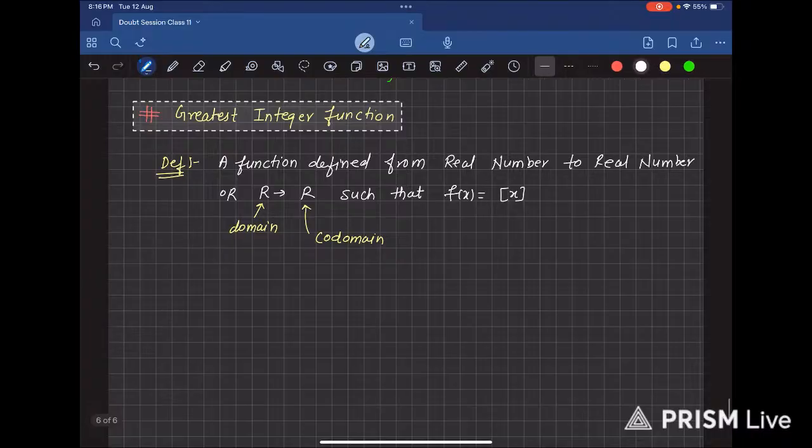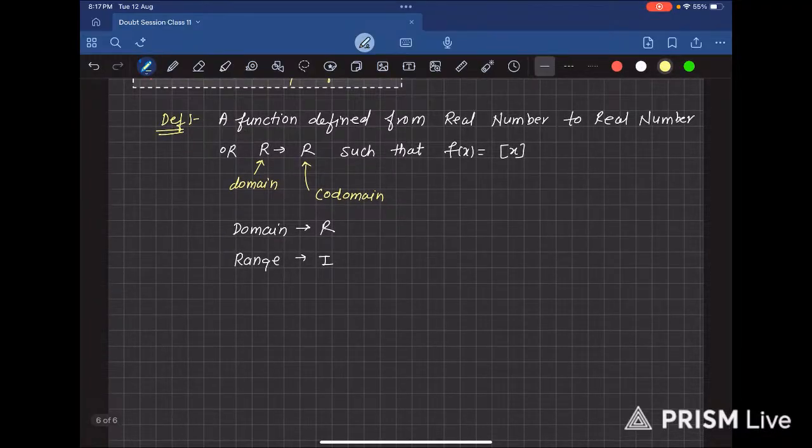So the codomain is a superset of the range, and the range here is integers only. So the domain will be all real numbers, and the range will be only integers. f(x) is equal to the greatest integer x.